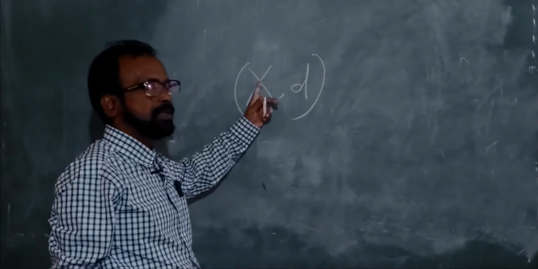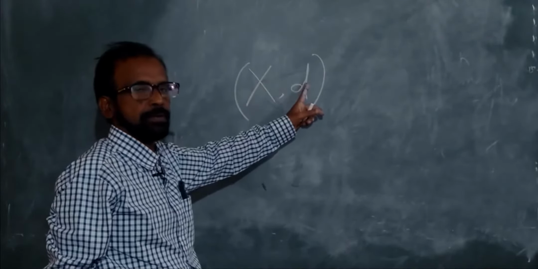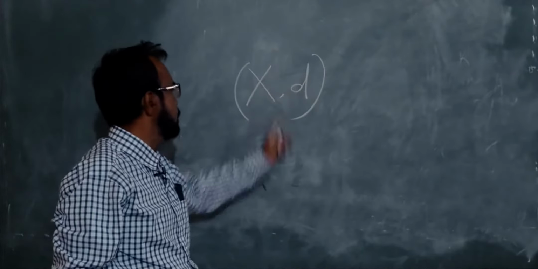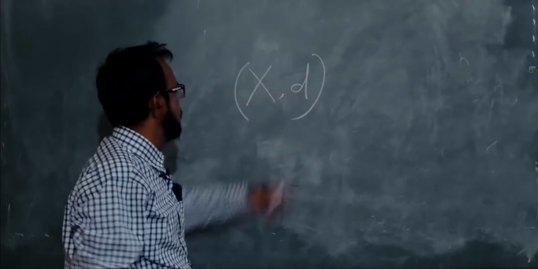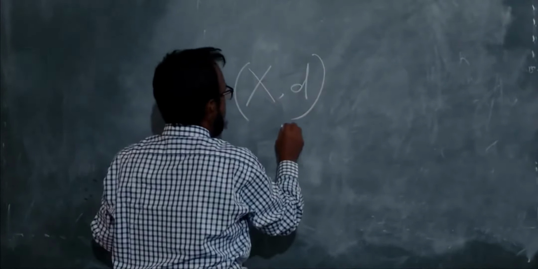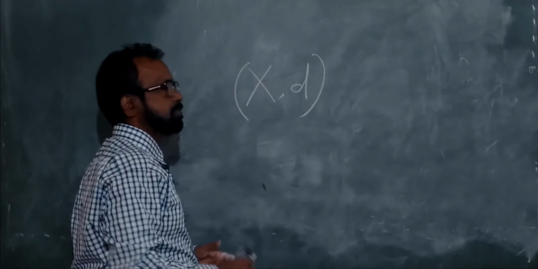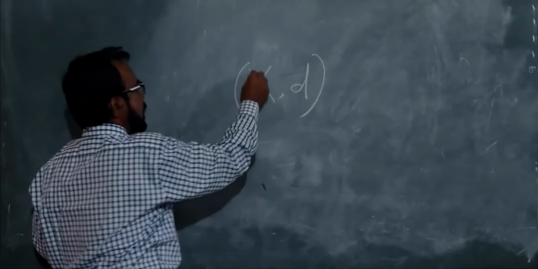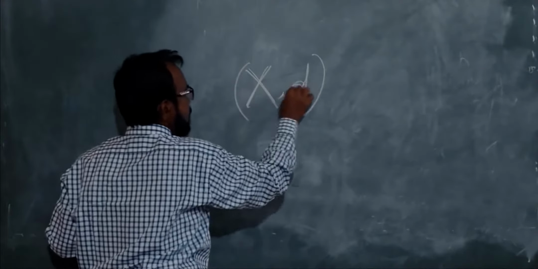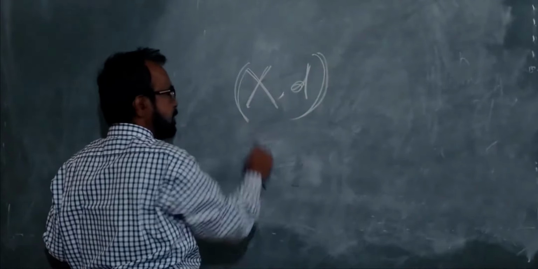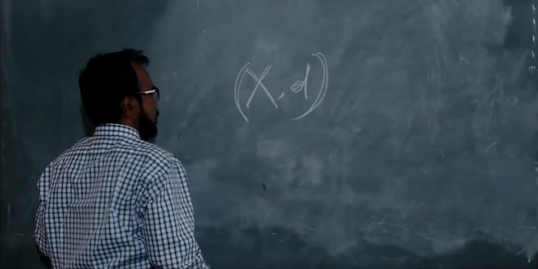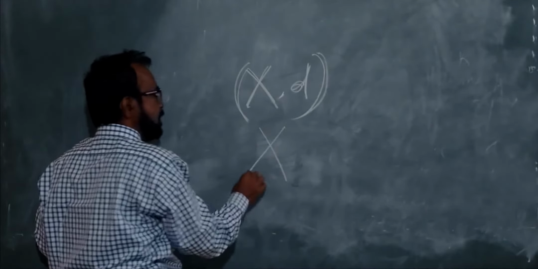Similarly, X is a non-empty set, D is a distance function or metric on X, and the pair (X, D) is called a metric space. Whenever we say X is a metric space, it is understood that the pair (X, D) is a metric space. Now we write only X for the metric space.